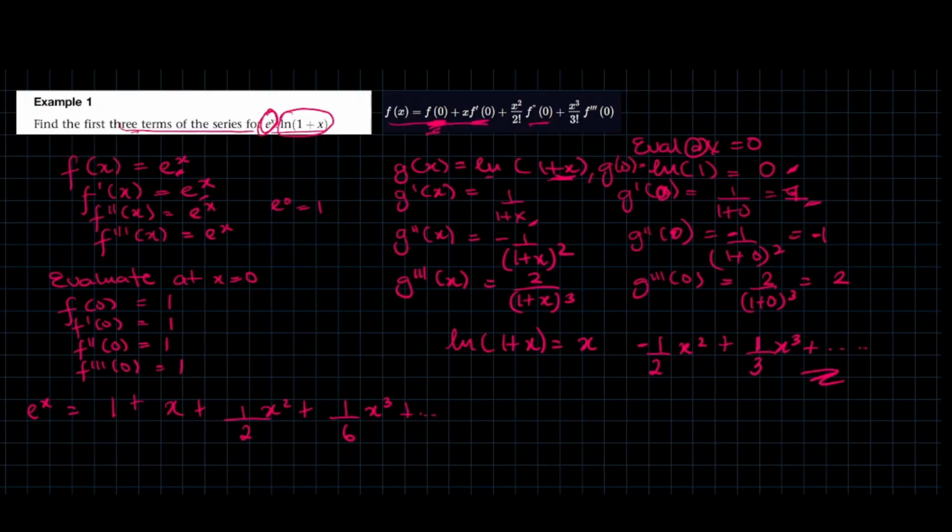So now you simply combine them. So this times this other one, which is going to be x minus 1 over 2 x squared plus 1 over 3 x cubed.